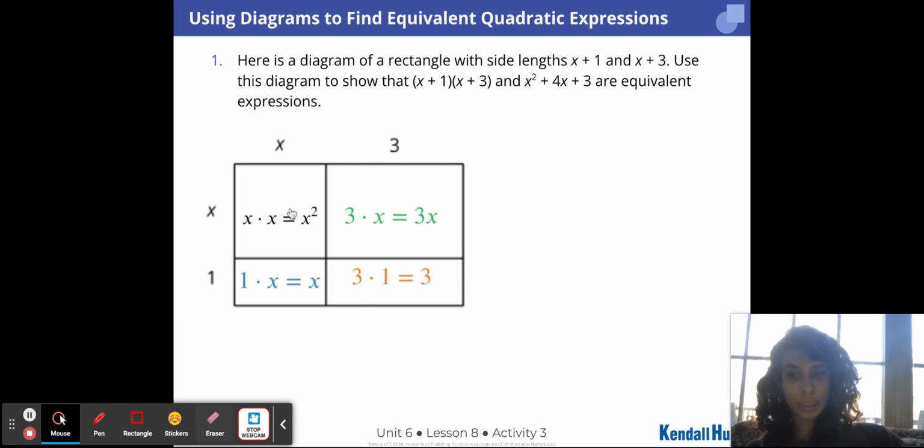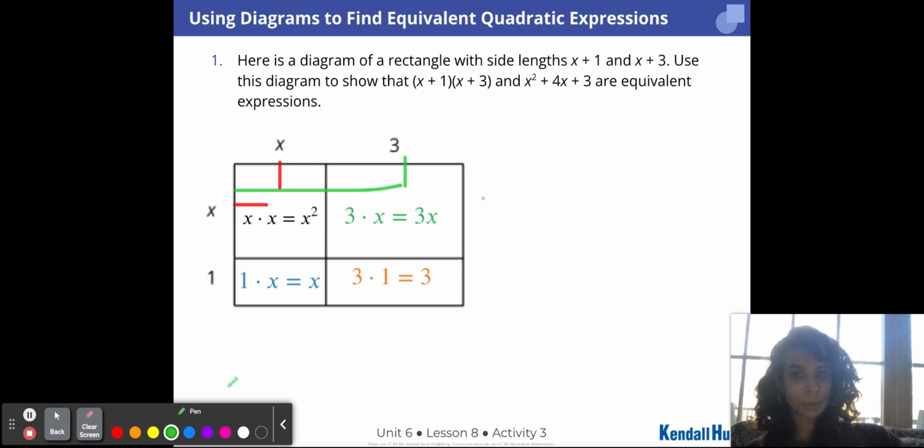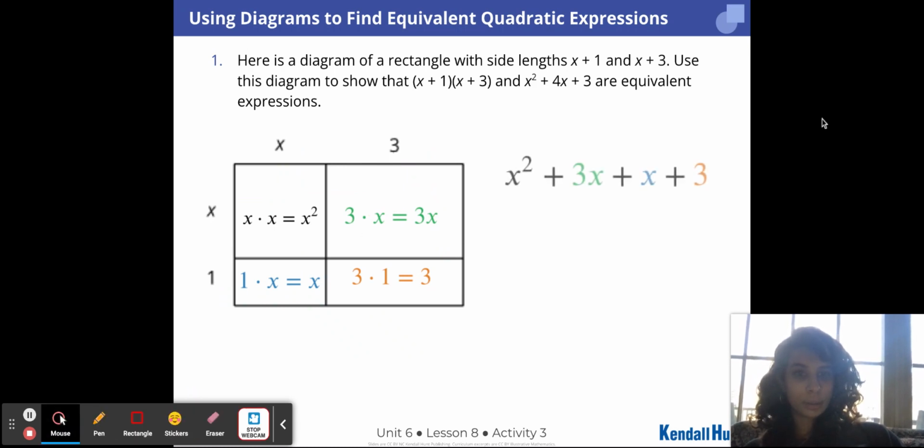Do you see how we're just pulling from each of those values, and how we got each of those numbers? And so when we put it all together, we have x squared plus 3x plus x plus 3.